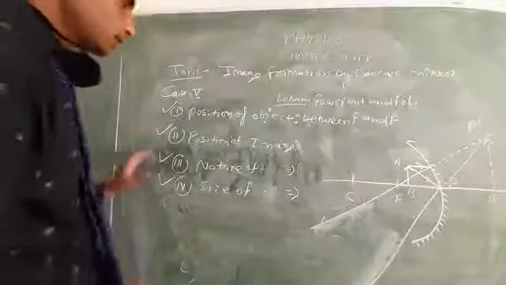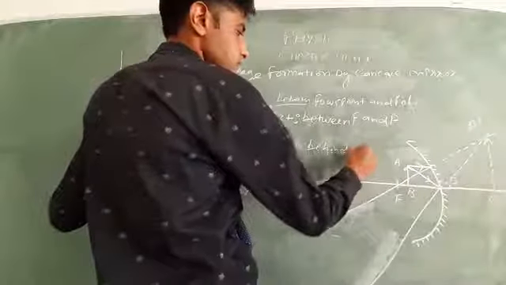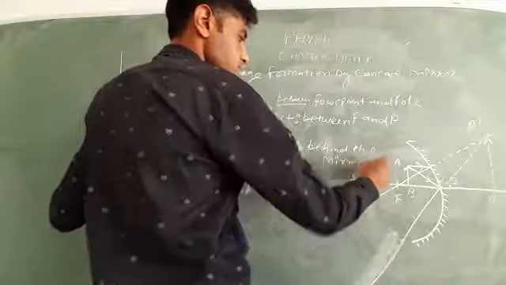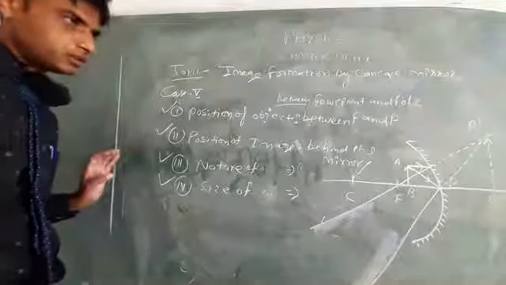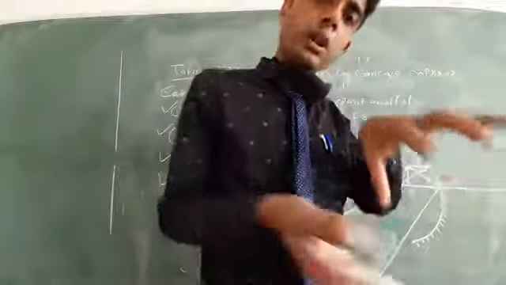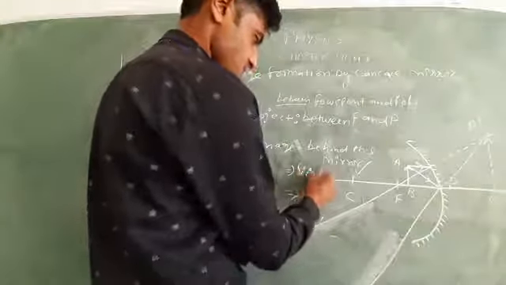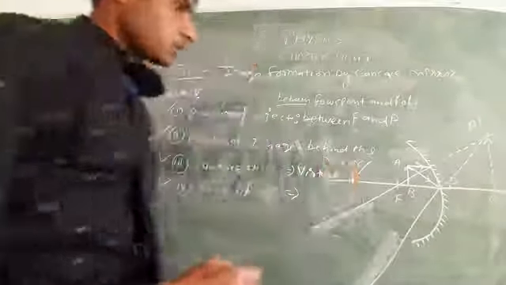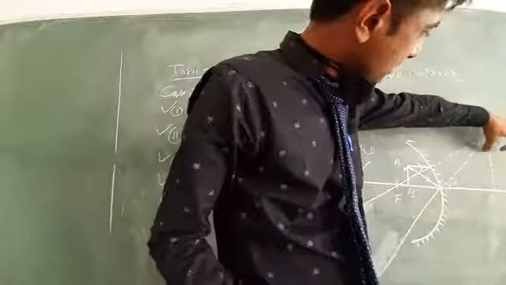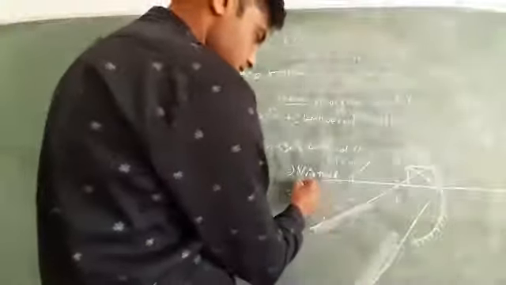So the position of image is behind the mirror. Nature: since this is behind the mirror, it is virtual in nature. And the upside is similar to the object, which means it is erect.